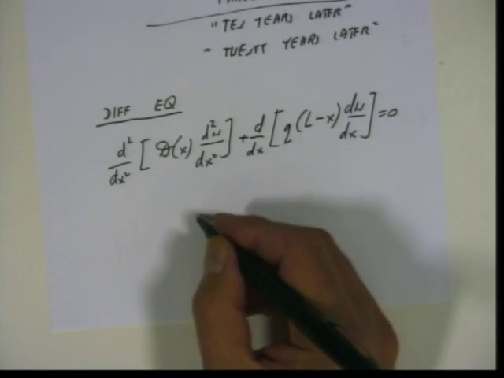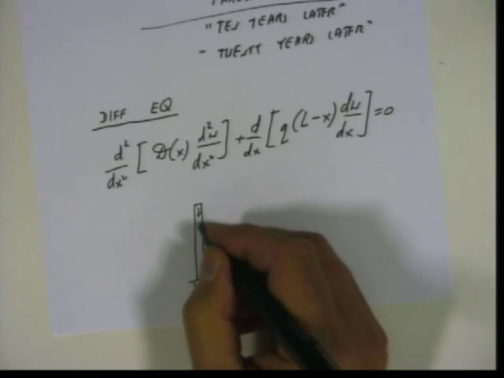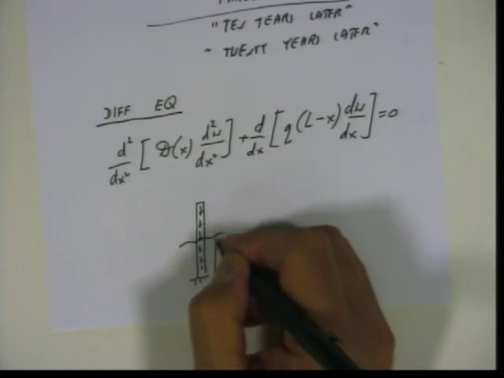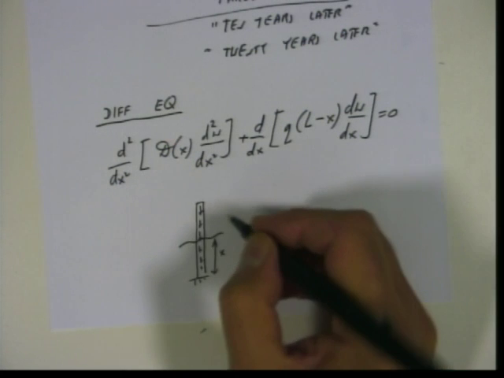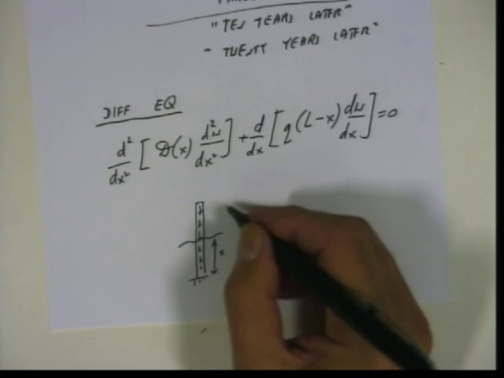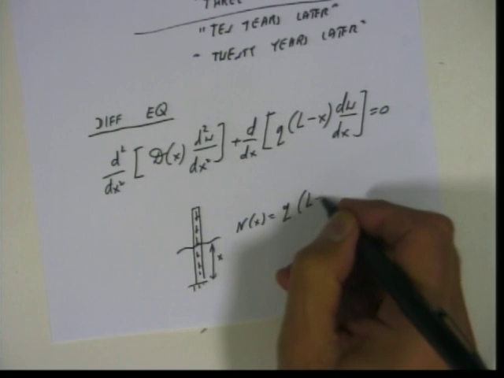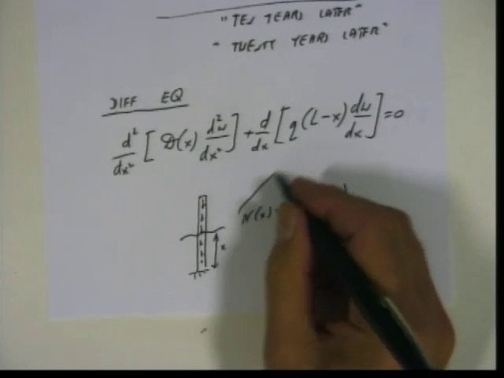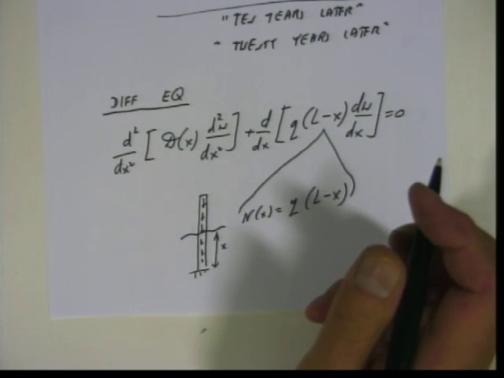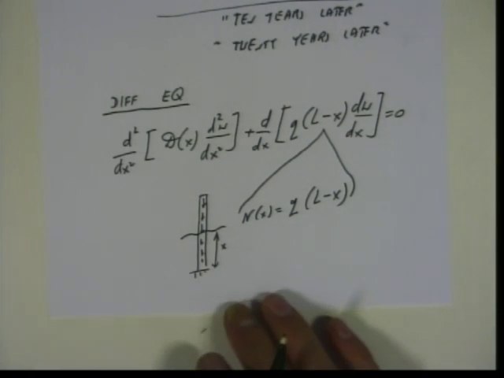So why is this quantity coming into play? If this is x, then what is important here, I mean the inner force, is this value N of x. And this N of x equals q times (L minus x), which enters into this differential equation. At least I can explain it to you very fast like this.